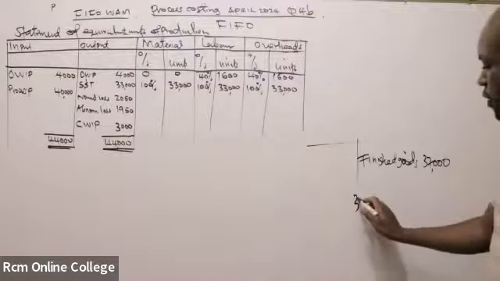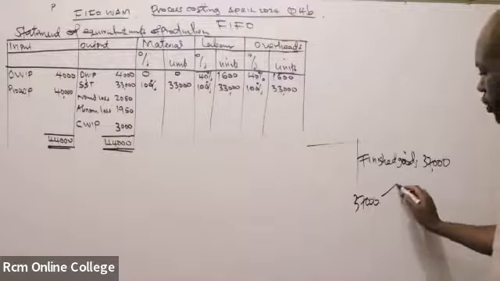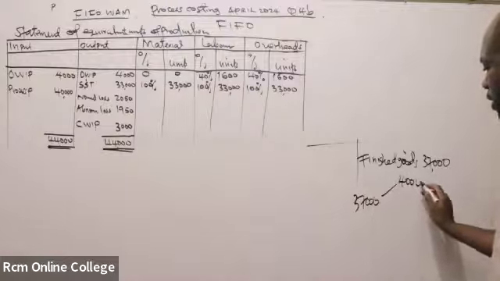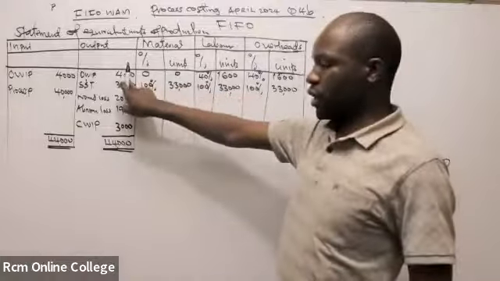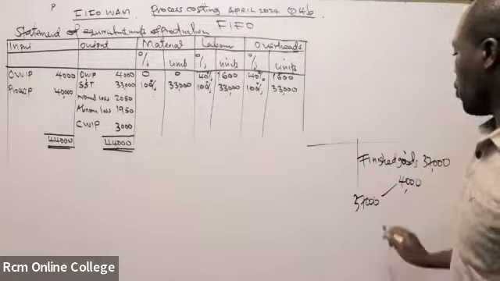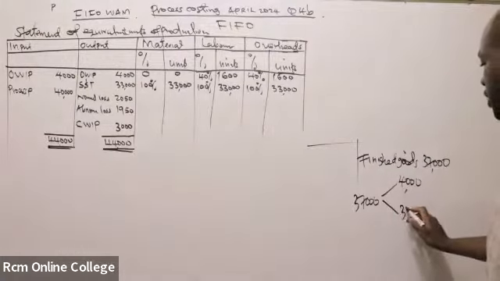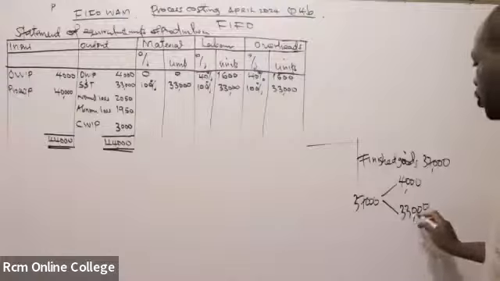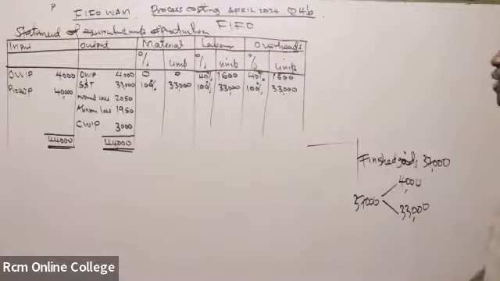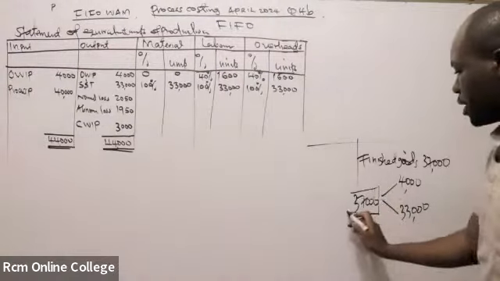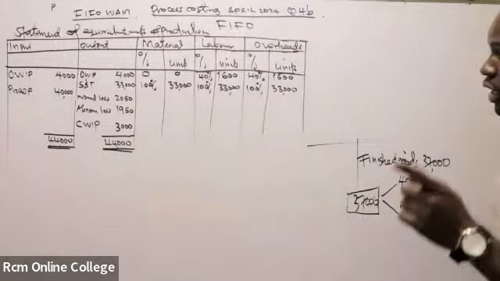The 37,000 units includes 4,000, the opening work in progress, then what was started and transferred during the current process, the remaining 33,000. That's how we got the 33,000. If you do them lump sum, like together, you will not get the answer.